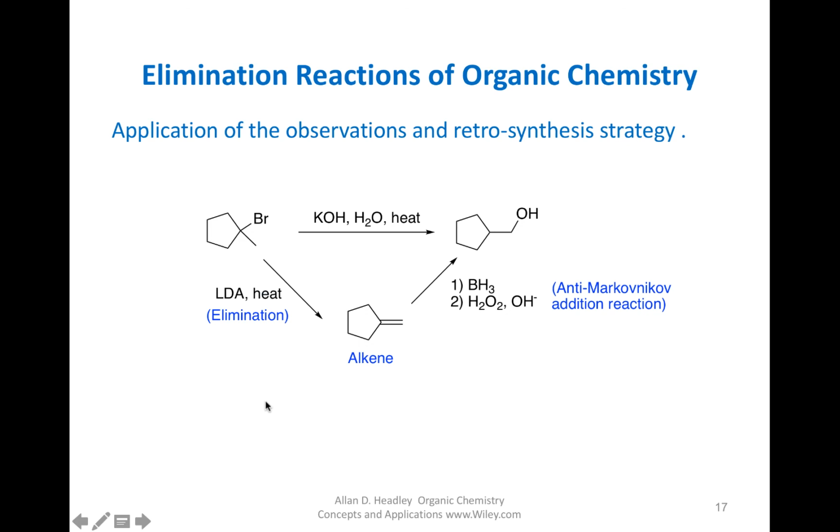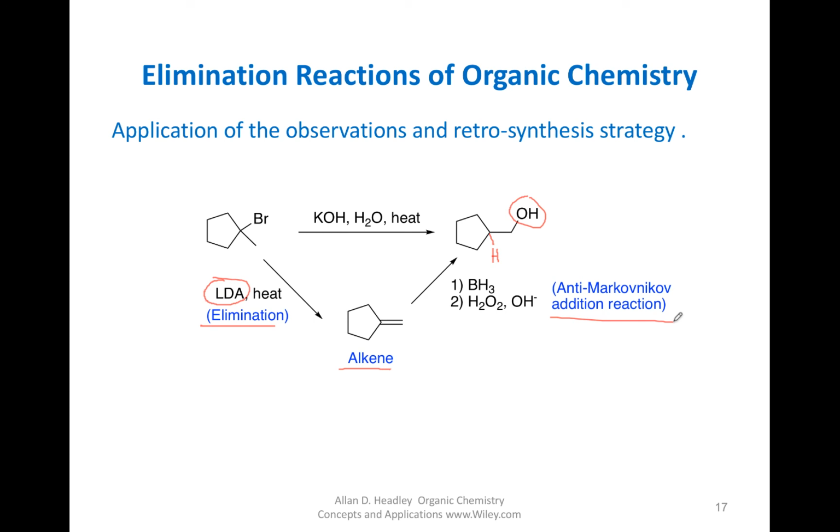Let us see what is a potential answer. A potential answer here would be LDA, elimination reaction, to give here the Hofmann product, or the least substituted alkene. Then to get OH and H added to that double bond, we need an anti-Markovnikov addition.